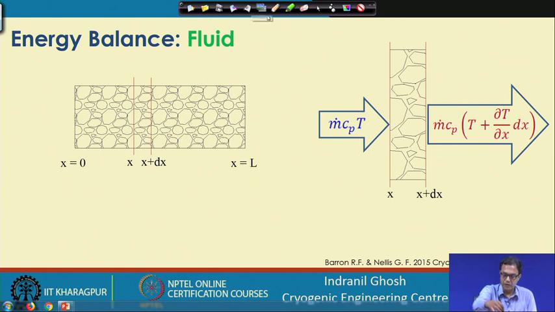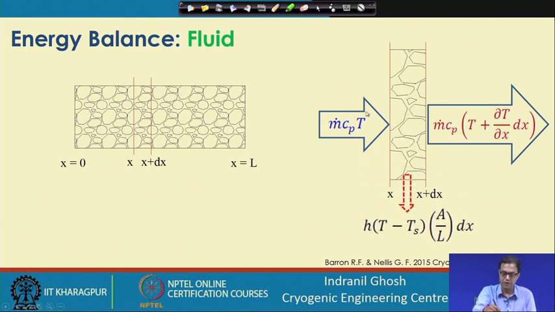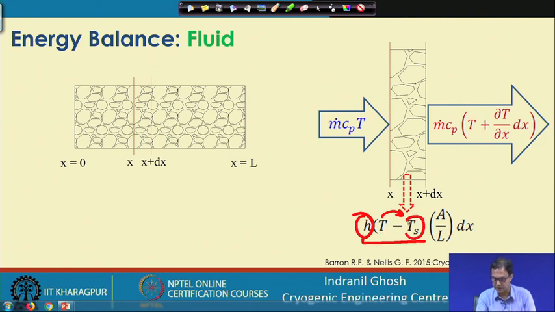Now if we look again into this part, we find that some amount of heat is transferred from the fluid to the solid part. If it is hot fluid, the hot fluid is giving heat to the solid particles, and this is the amount of heat transfer, where h is the heat transfer coefficient, T is the temperature of the fluid stream, and Ts is the temperature of the solid particles, or the matrix temperature.